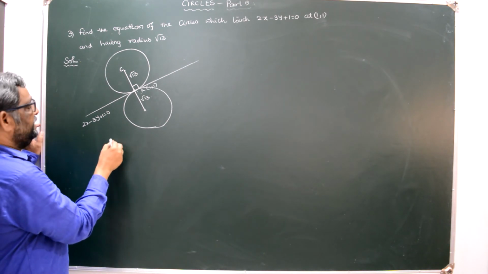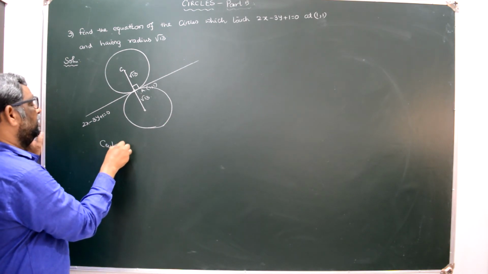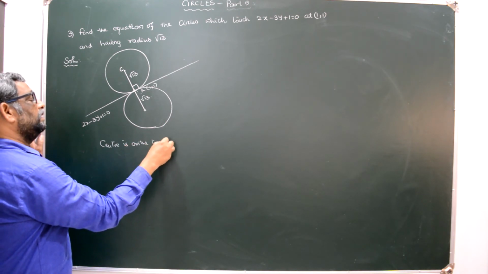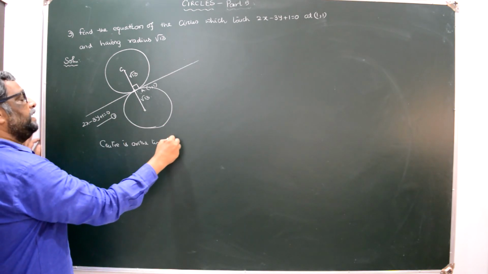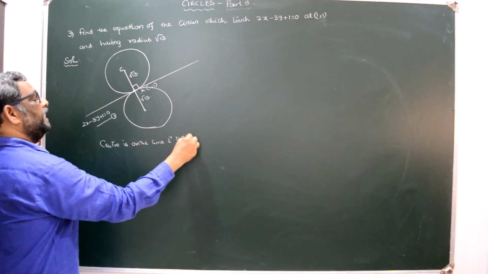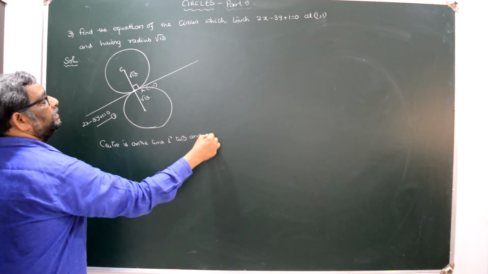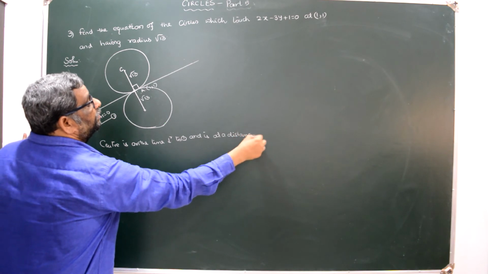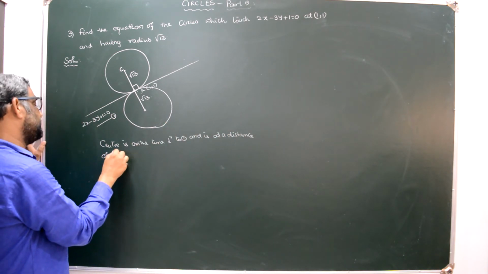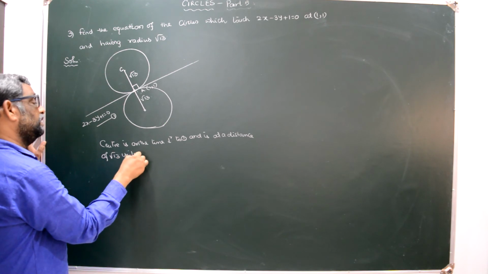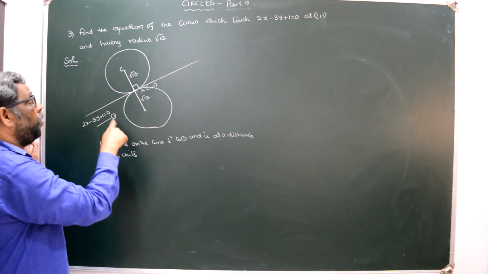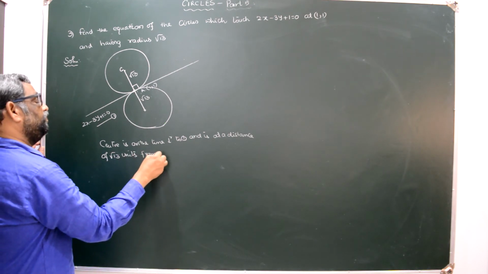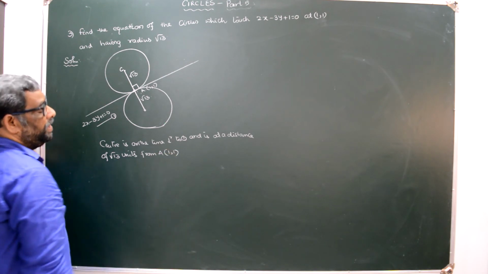Now here, the center is on the line, I will call this as 1, perpendicular to 1 and is at a distance of root 13 units from A (1, 1).